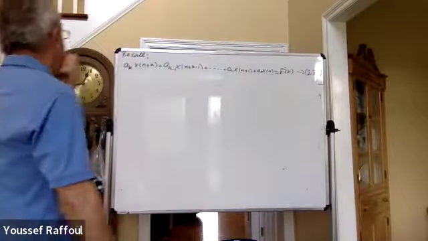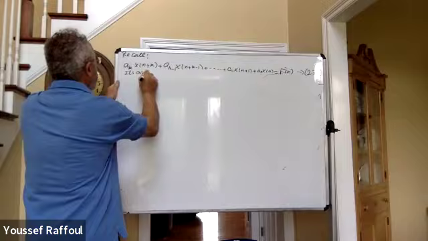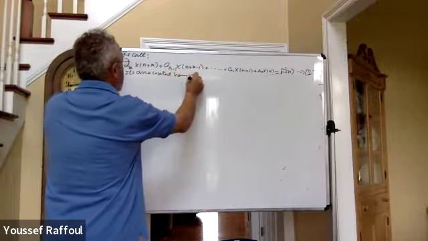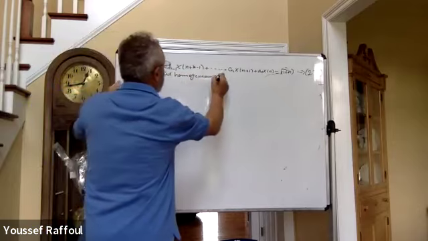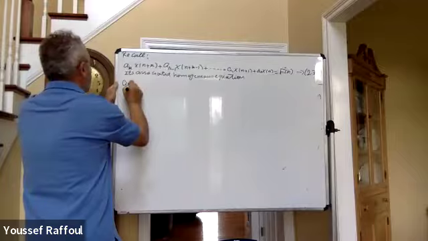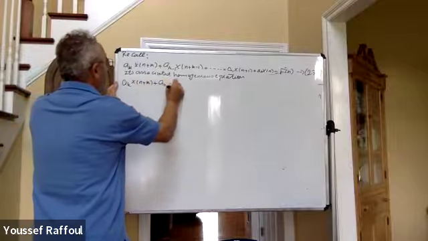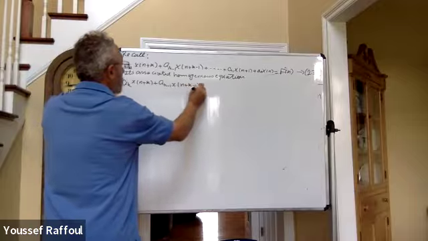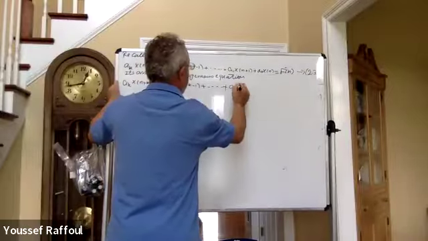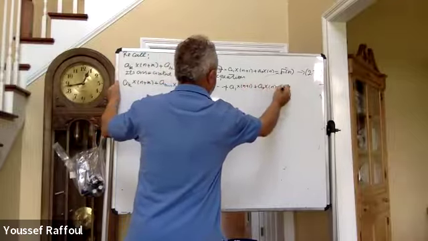Okay, and its associated homogeneous equation is a_k x of n plus k plus a_{k-1} x of n plus k minus 1 plus a1 x of n plus 1 plus a0 x of n equals 0.